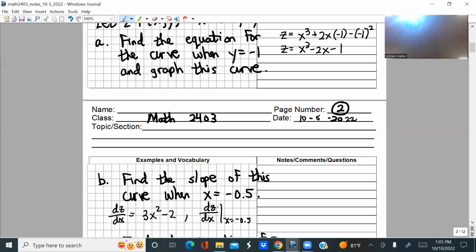So if I use the old-fashioned notation for derivatives, here's evaluating this derivative at x equal minus 0.5. Let's see, what is that?